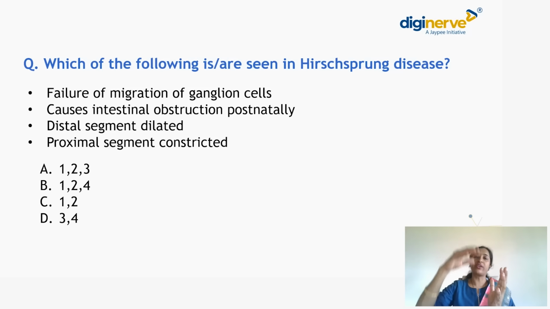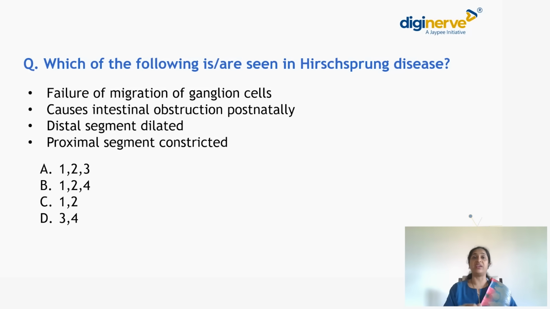It is going on receiving more and more of the colonic material from the small intestine, so it becomes more and more dilated. This dilated colon is seen in the proximal segment. In between, you have the aganglionic segment, and distal to that you have the distal segment, which is totally collapsed.